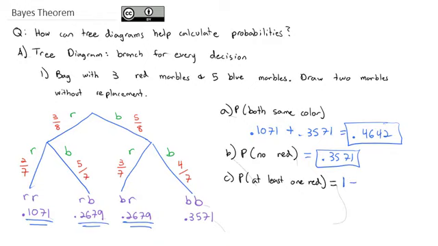And we can subtract off the stuff we don't want, because there's only one thing we don't want. We don't want blue-blue. So that's 0.3571. And when I subtract, we get a probability of at least one red of 0.6429, or 64.29%. So you can see these tree diagrams can really help us identify the pieces we want in the probability questions.